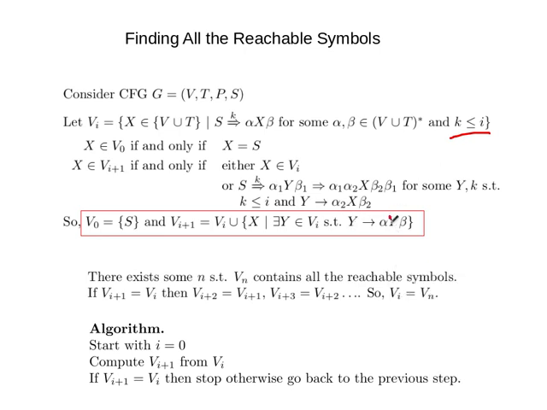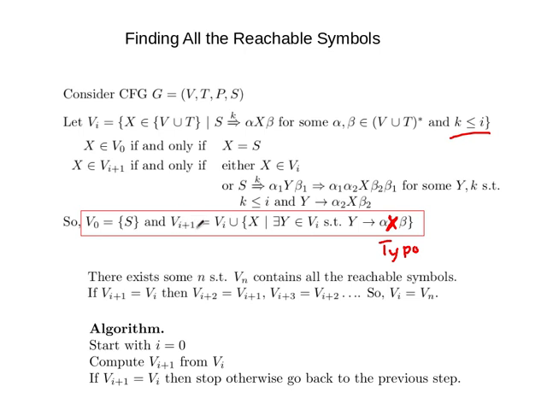There's a typo here, and this should be x. Please correct. So there's a typo. Okay, so from this y, then you can reach here. So this can also be the case. So you include all those things here.